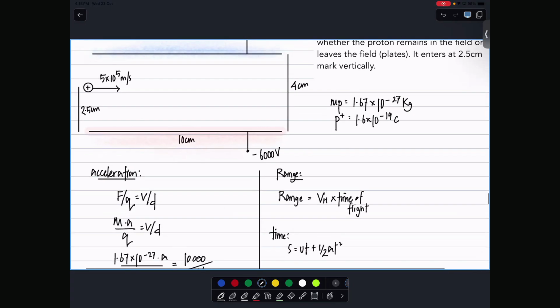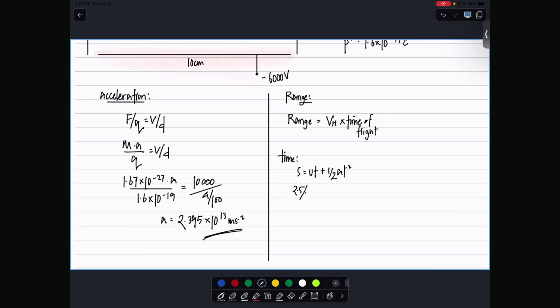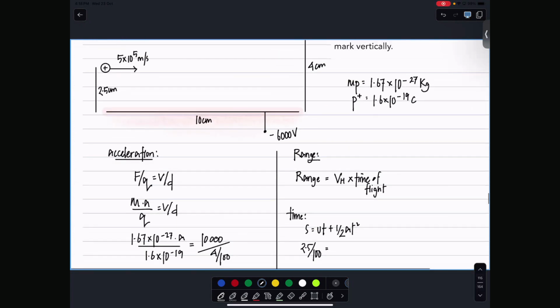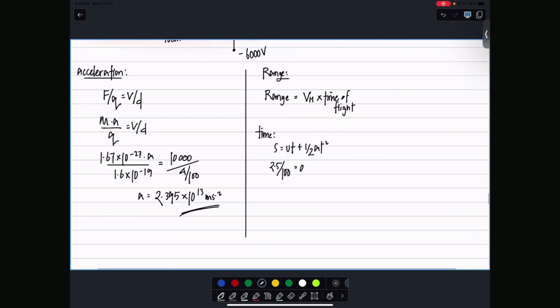S is going to be the distance fallen, so 2.5 divided by 100 equals U, my initial velocity vertically, which happens to be what in this case? 0, because it's going straight, so it's just 0 there.